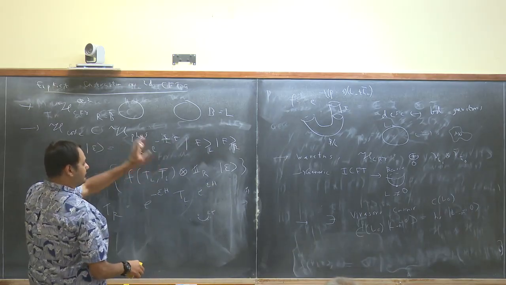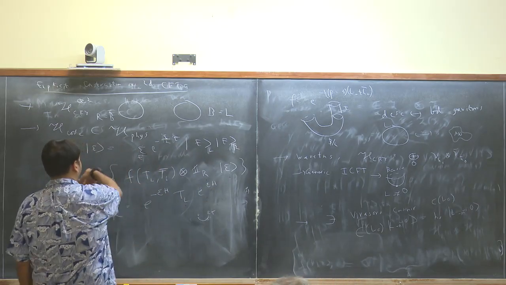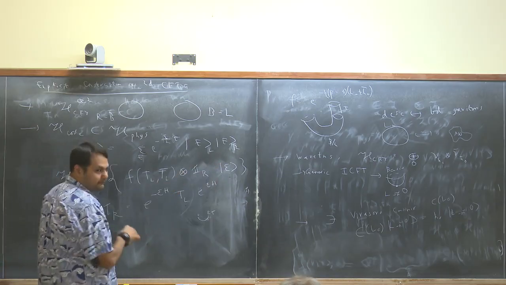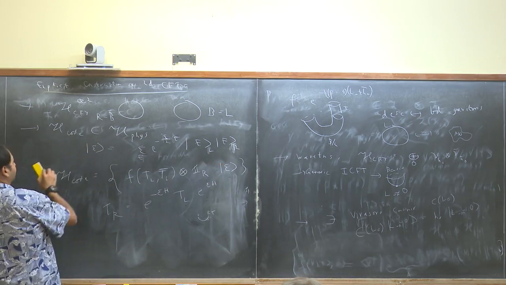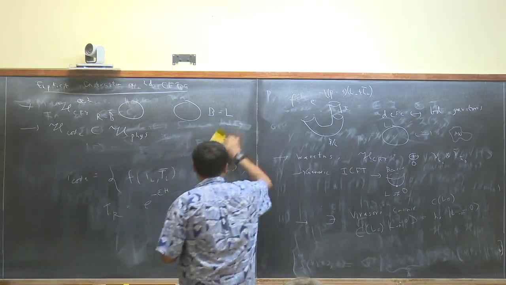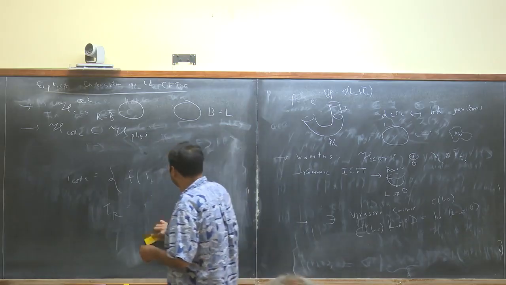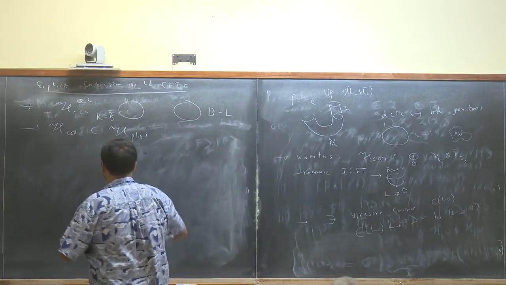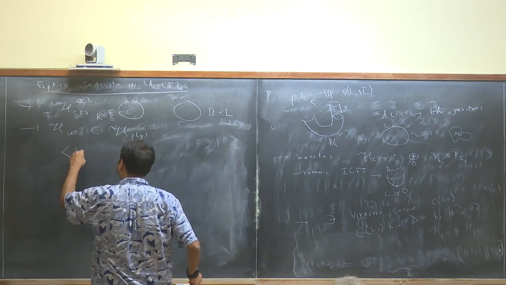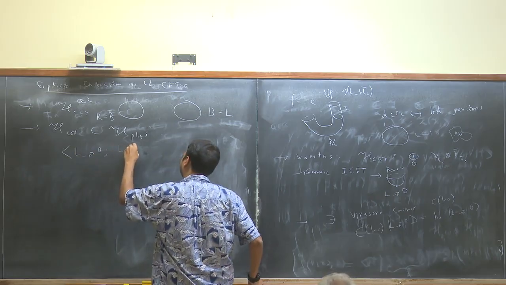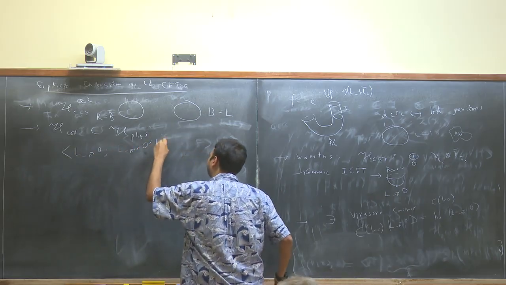So this is my thing. Now I will just take one of these states and decompose it in that basis. So basically, we want to consider L_{-n} O, L_{-n'} O' on some.